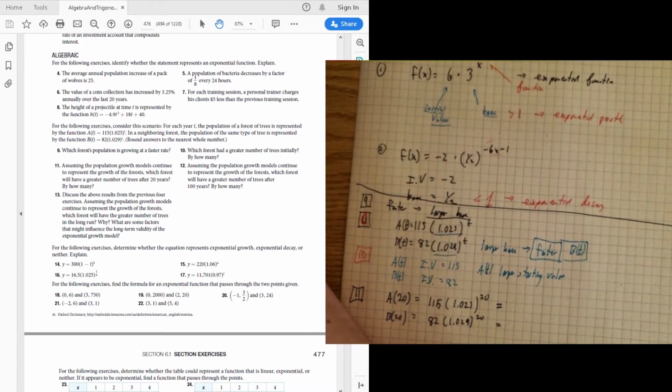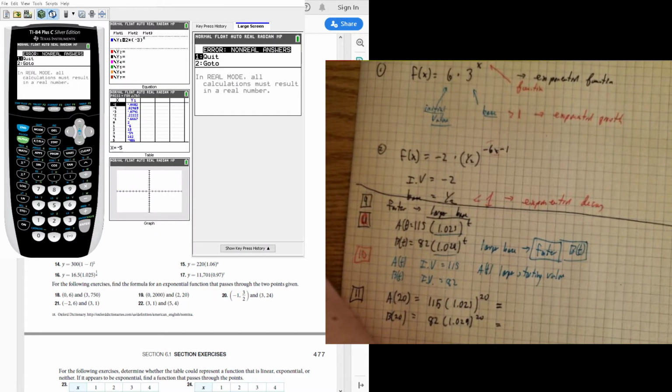So now I'm going to open up my calculator and type these two things in. Okay, so the first one says 115 times 1.025 to the 20th power.